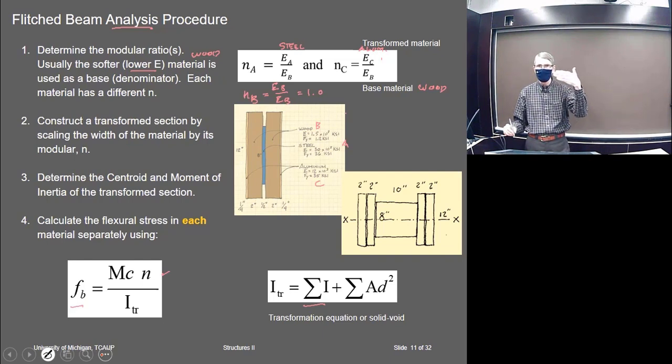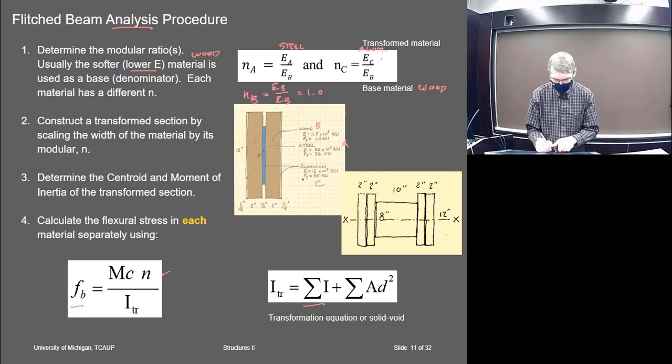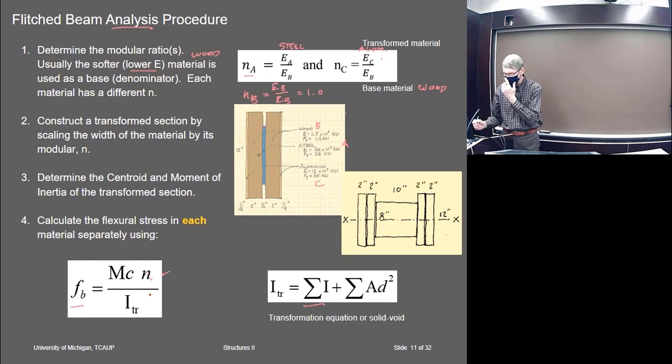So in this case, the wood, and the ratio for the wood would be 1 here. You could do it for steel and get the stress in the steel, and you'd have to use the proper N, that would be the N A, what we were using up here. So you have to use the modular ratio that matches the material that you're trying to get the stress for.